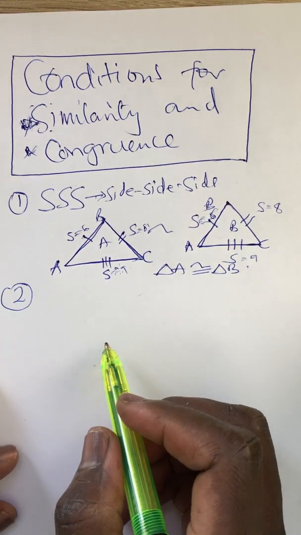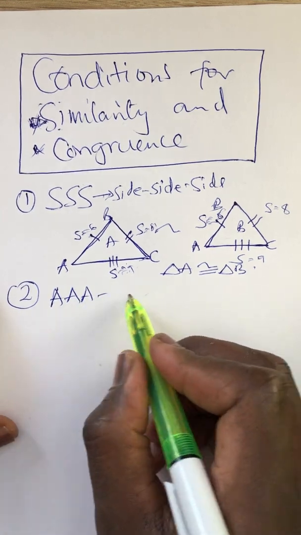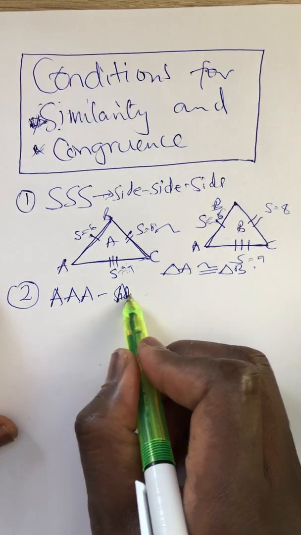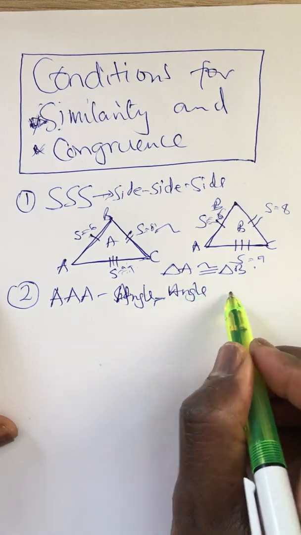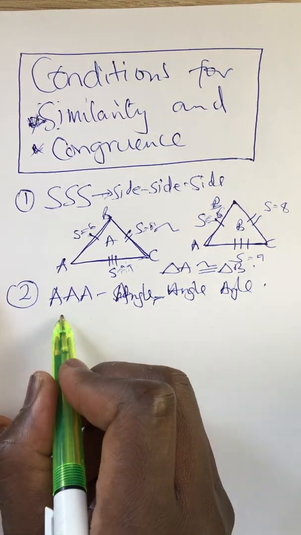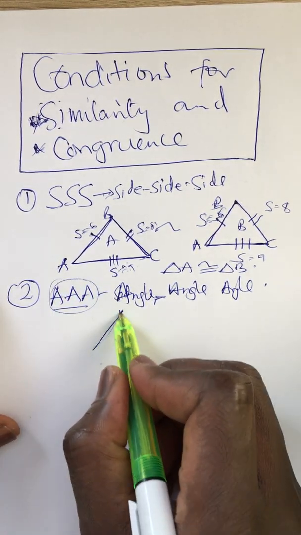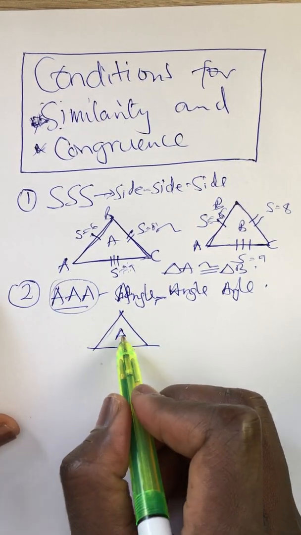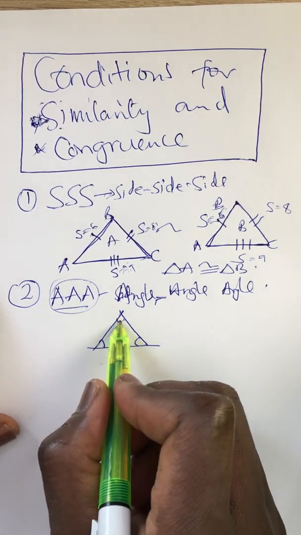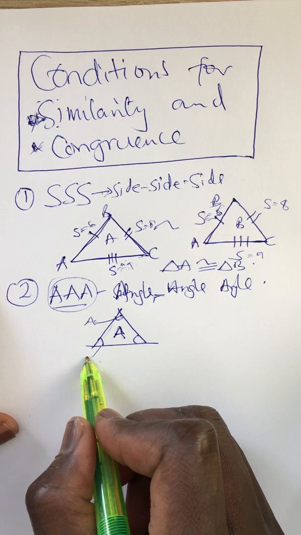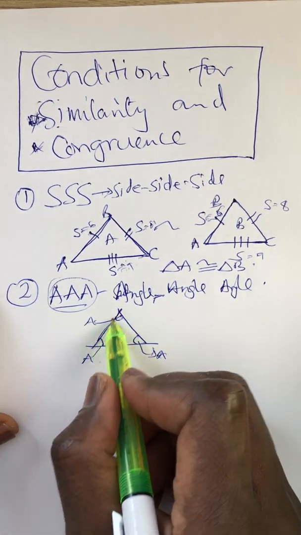The second condition is AAA, which stands for angles. This one indicates the three angles in a triangle. Let's say this is triangle A, and we have an angle there, an angle there, an angle there, so that each angle is assigned, giving us three angles in a triangle.